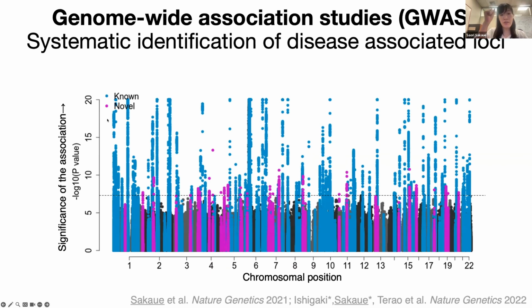As each dot or SNP becomes higher, that indicates that this SNP is strongly associated with the disease. So we published the latest GWAS result for RA, where we identified more than 100 associated loci with genome-wide significance with the RA phenotype, which is great.